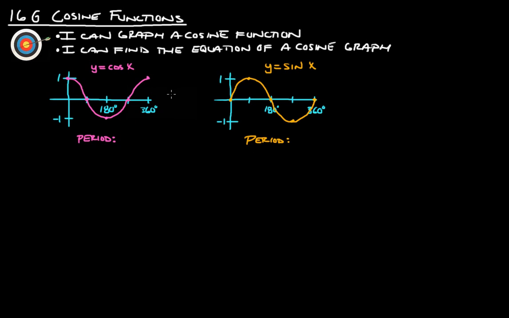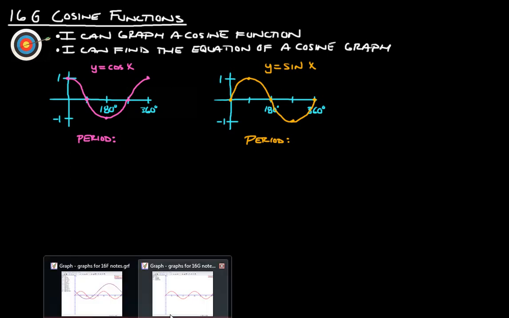Something a little bit interesting is that they're identical curves, meaning they have the exact same shape and size. The only thing different is that they're shifted. If you take the cosine and shift it to the right 90 degrees, you'll end up with your sine curve.